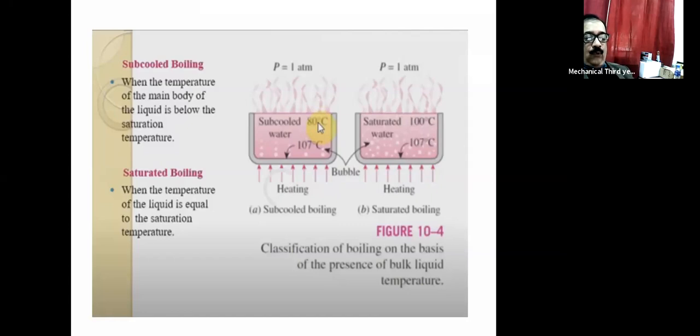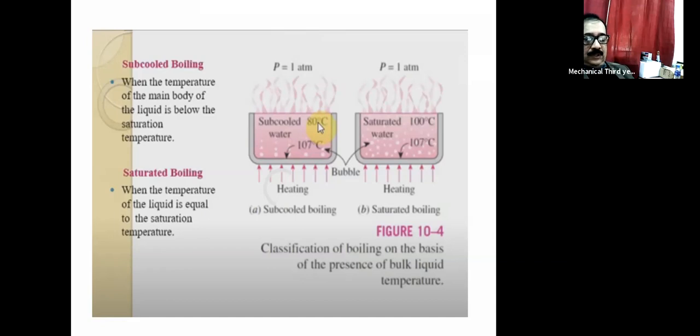And when the temperature reaches this saturation temperature, in this particular case 100 degrees Celsius, that is the saturated boiling. So when the temperature of the liquid is equal to the saturation temperature, we attain saturated boiling.